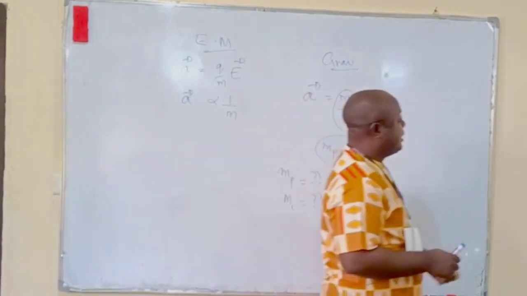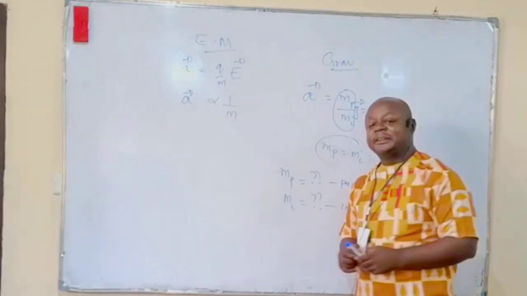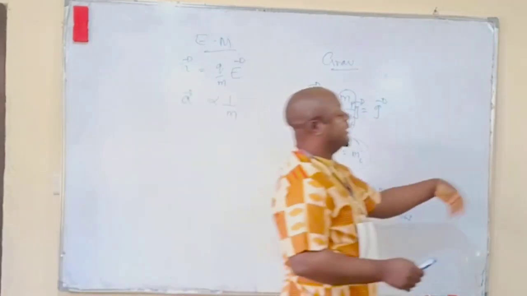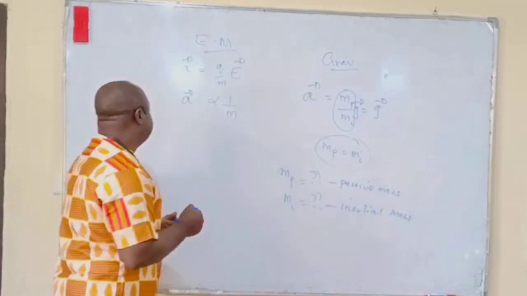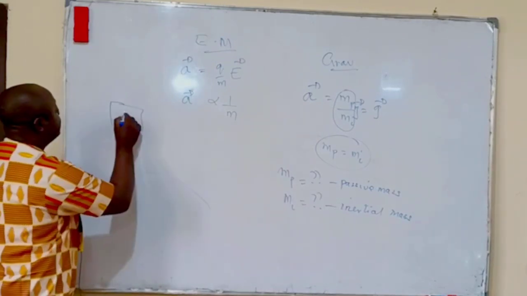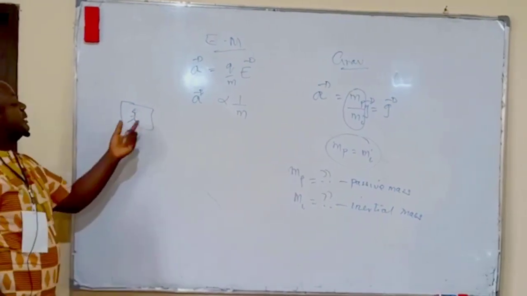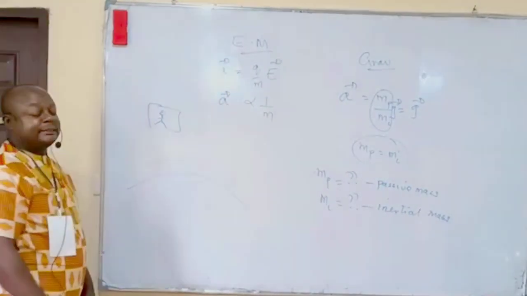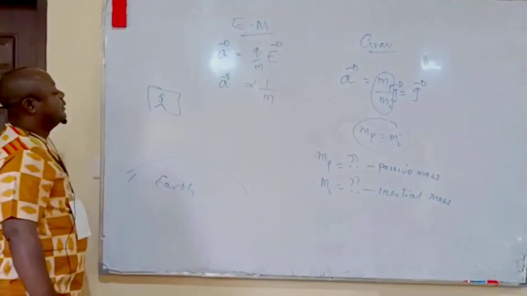Secondly, he looked at this experiment, the lift Gedanken. Gedanken is just experiment in German. You can call it the lift experiment. Okay, lift Gedanken. And in that experiment, we have somebody, maybe in an object that is falling freely to the Earth's surface.